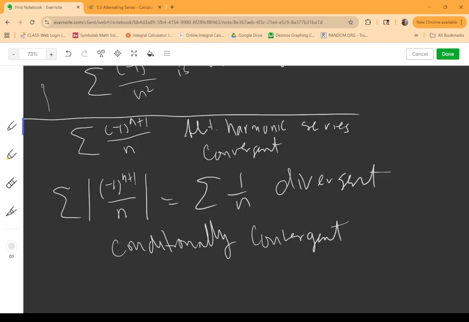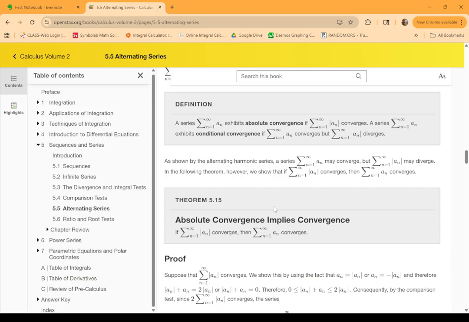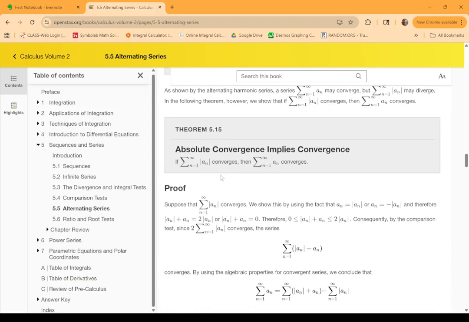Okay, so now what can we gain from this knowledge? What we can gain here is this theorem: absolute convergence implies convergence.